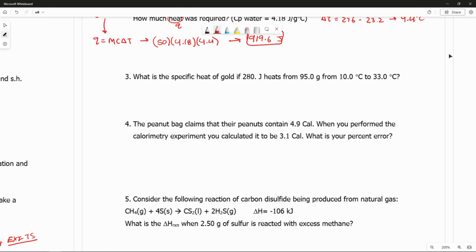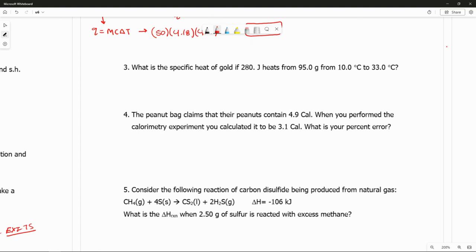Okay. Question 3. What is the specific heat capacity C of gold if 208 joules of heat comes off, Q, from 95 grams, M, from 10 degrees Celsius to 33 degrees Celsius? We know that 10 degrees Celsius to 33 means that 10 is going to be our initial and 33 is going to be our temperature final.